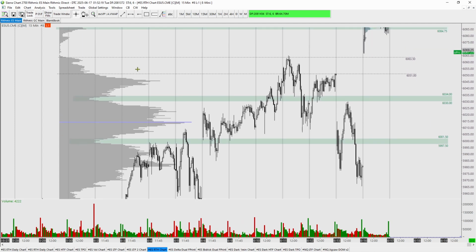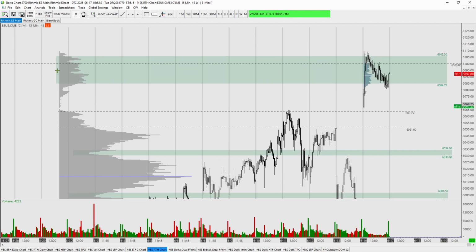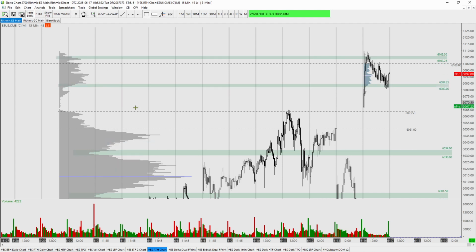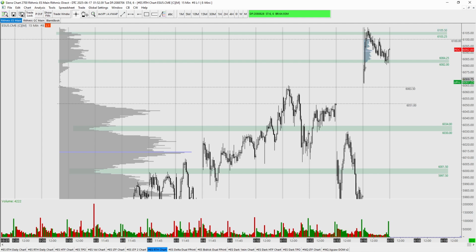So instead of marking off the whole thing like I did here, basically what I'm doing is just marking off the edges. So I know as long as we're inside one of the edges, we're rotating. So we know that that is a rotational zone.